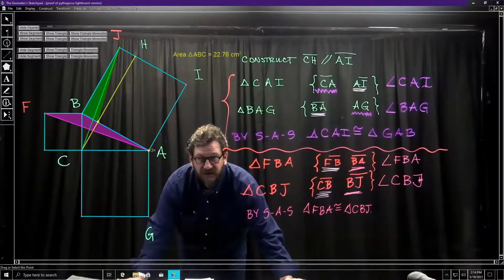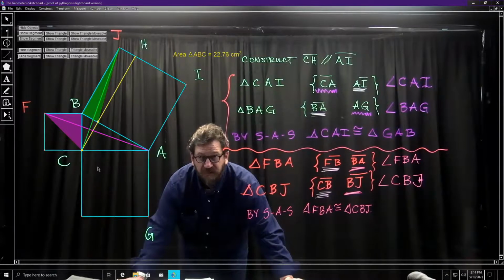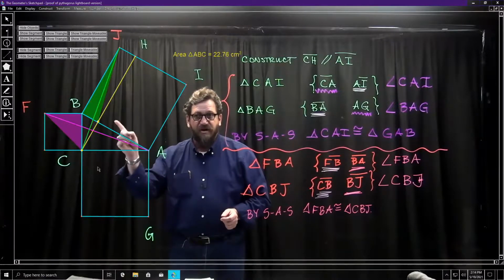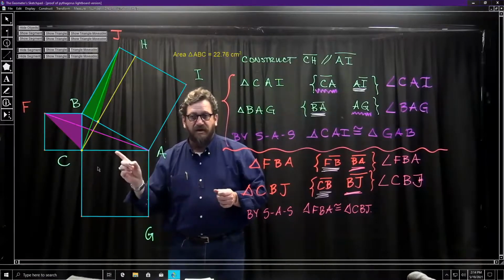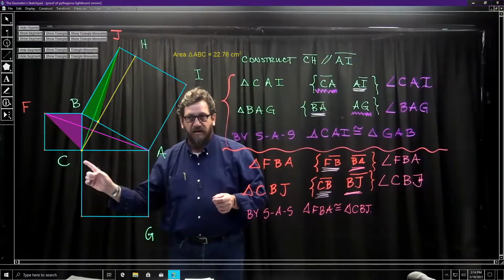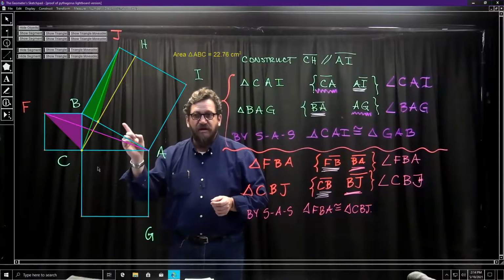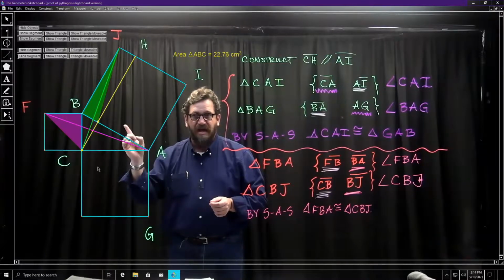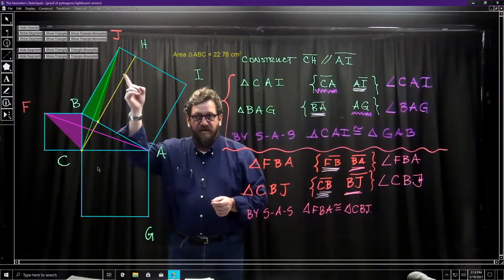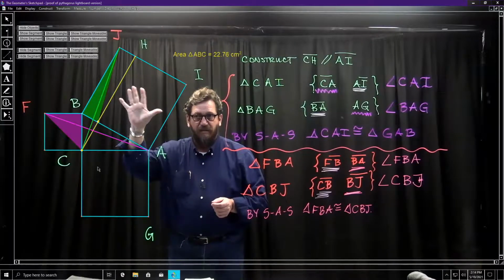Now I'm going to take the vertex at A and I'm going to move it off using the pink triangle and bring it over here to C. And now we're going to talk about what we can see. We know this pink triangle must still have the same area as the green triangle. But the pink triangle is exactly 1/2 of the square on a leg. And the green triangle is exactly 1/2 the area of this rectangle that's part of the square on the hypotenuse.